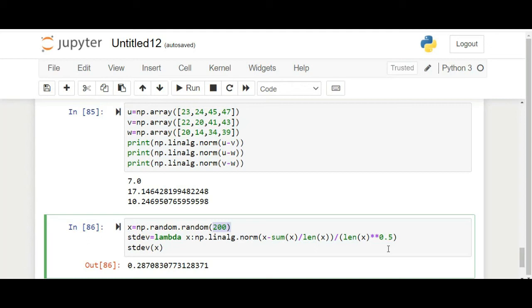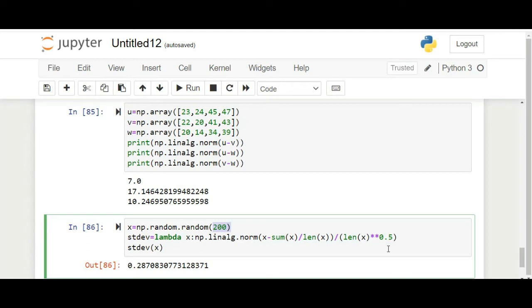Also sometimes we write it as the square root of the summation of x minus xi squared, divided by n minus 1, or sum divided by n. Okay, move towards next.